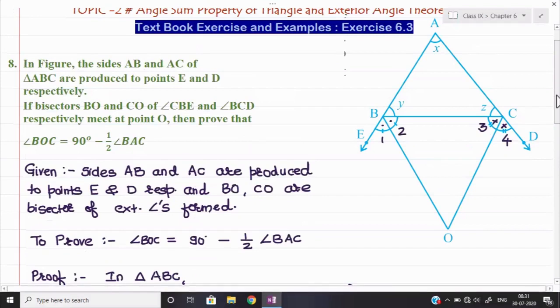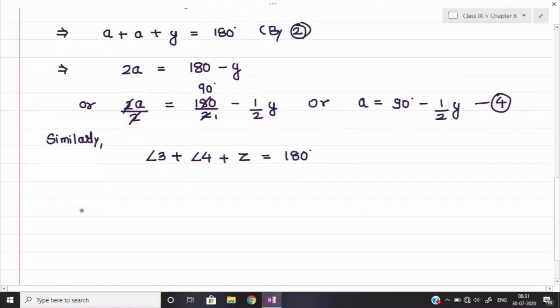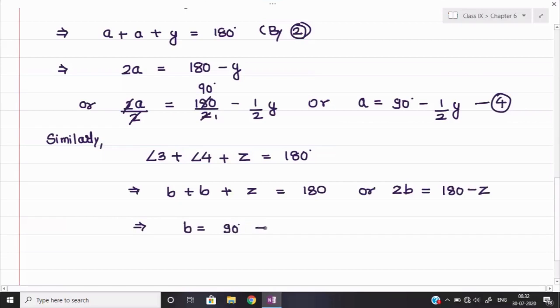So we can write down 3 plus 4 plus Z is equal to 180 degree. Now value of angle 3 and angle 4 is equal to B. So I can keep it here, B plus B plus Z is equal to 180 degree. Or I can say that it would be 2B is equal to 180 minus Z. And same way, if I divide by 2 as I have divided earlier, so value of B will be equal to 90 degree minus 1 upon 2 into Z. This is my equation number 5.